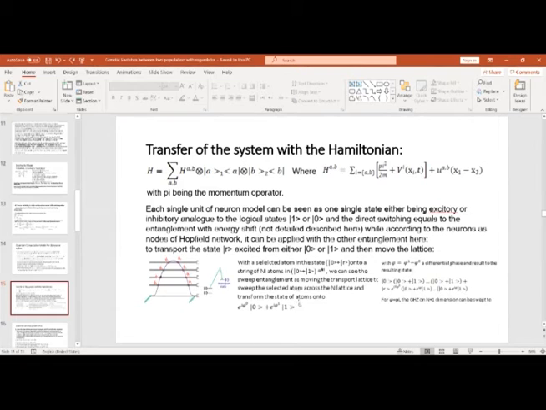And for the computation of the phase, or for the computation of entanglement, there are actually two methods.